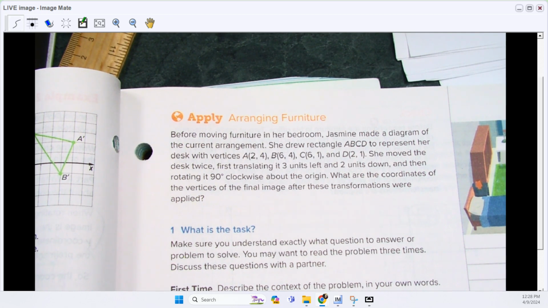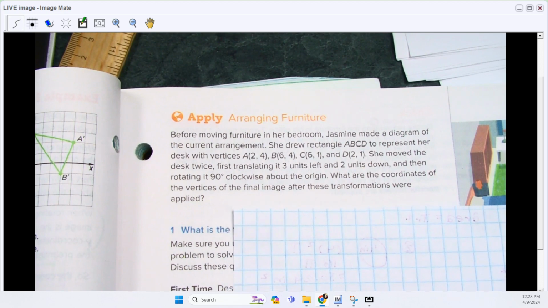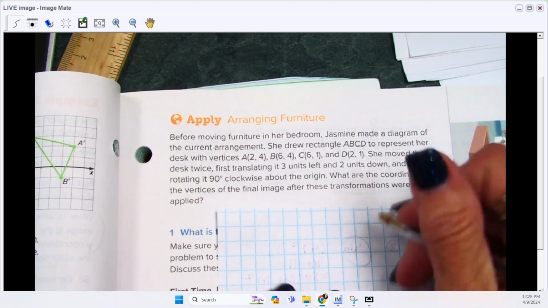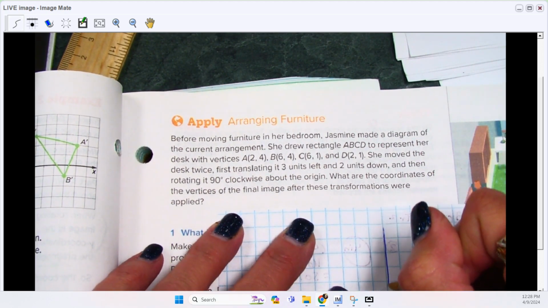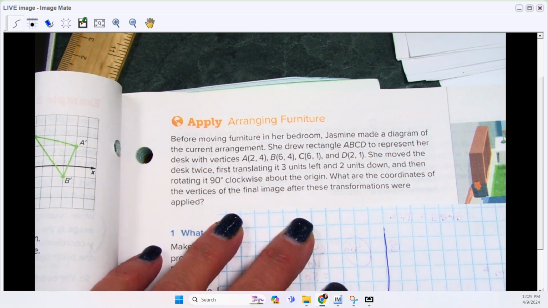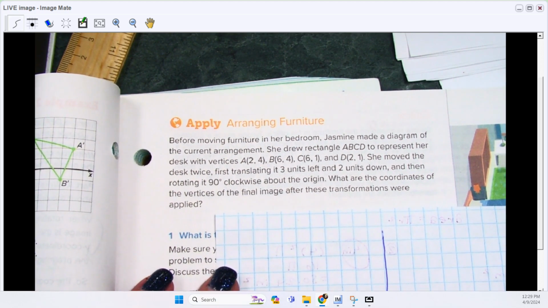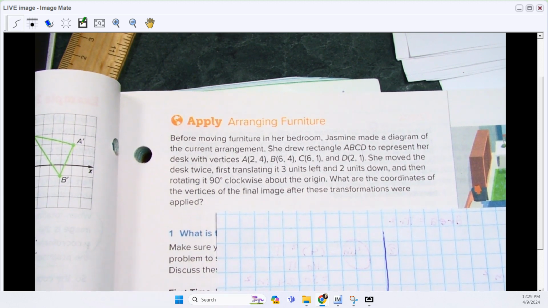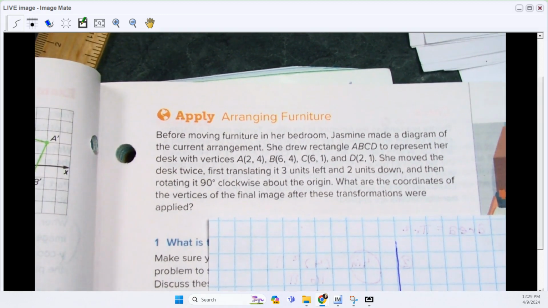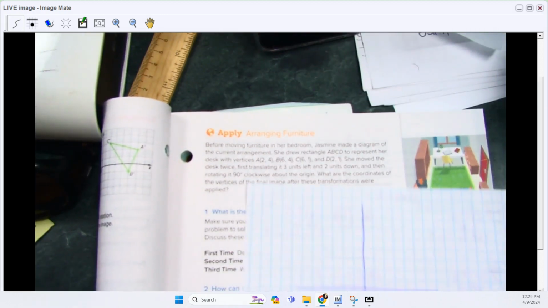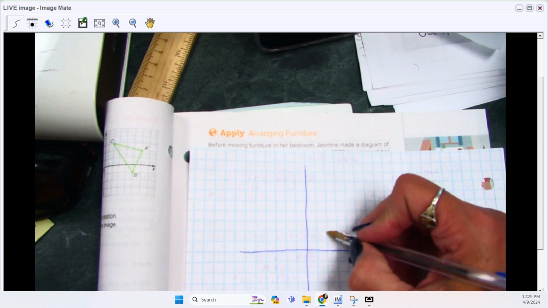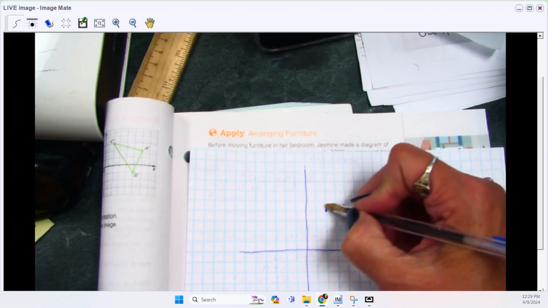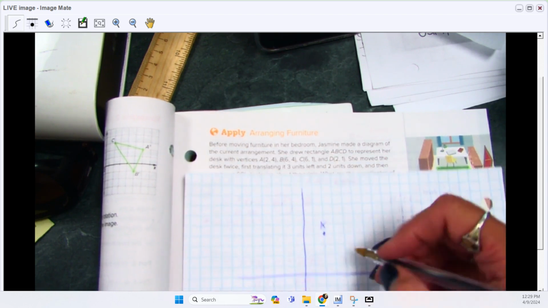Okay, so if I was going to graph that, I should have done this on... Okay, so I'm going to go, oops, wrong direction, 2, 4. So 2, 1, 2, 3, 4, and that's A. And then it says B is 6, 4.